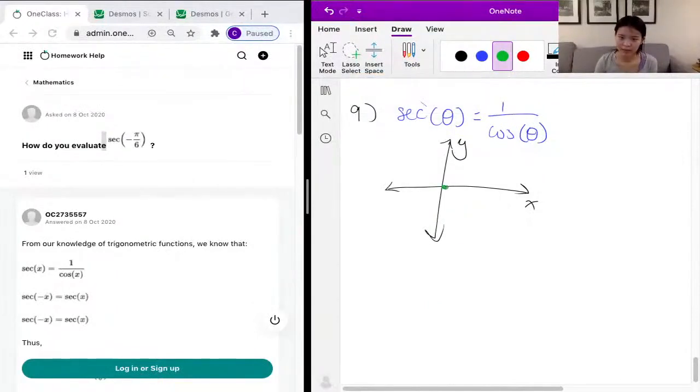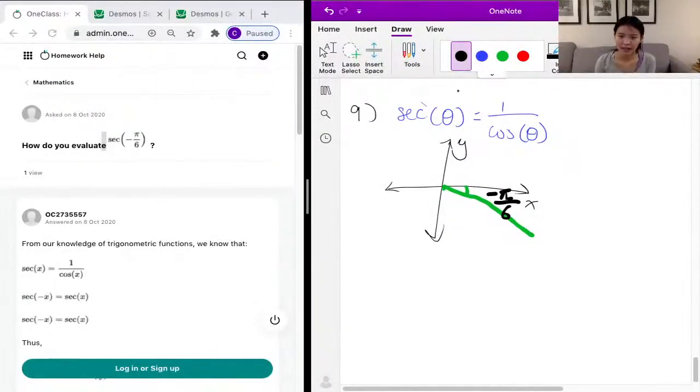So the line should drop, and our 30 degrees is probably around here. And this is negative pi over 6. Perfect. So our reference angle is pi over 6.